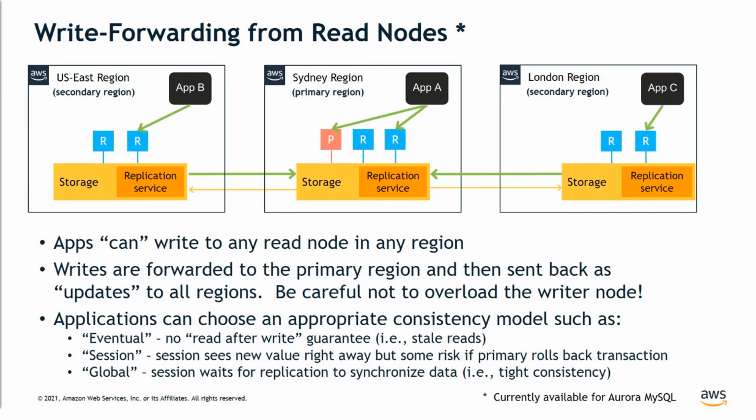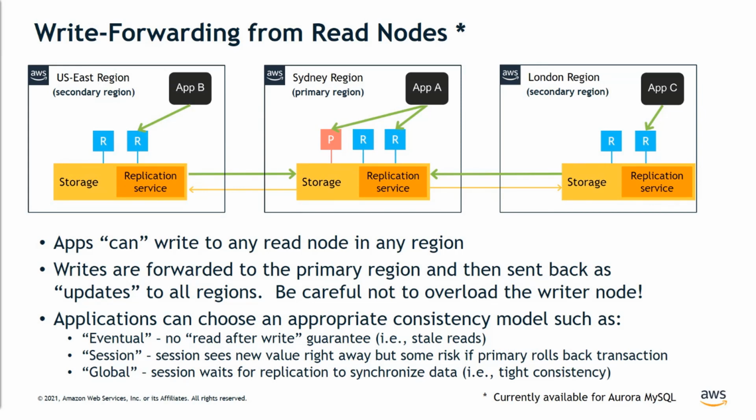So rather than have the application maintain connectivity from the application stack to the primary region, we've provided a write forwarding model that allows the application to send writes to any read node in any region and have that write forwarded back to the primary region. Again, all in the name of improving availability during the big global deployments that many customers have.